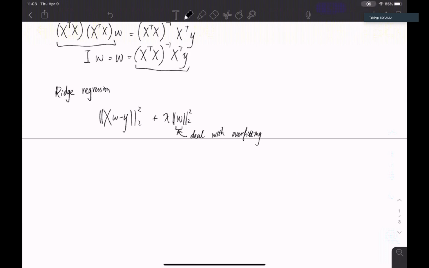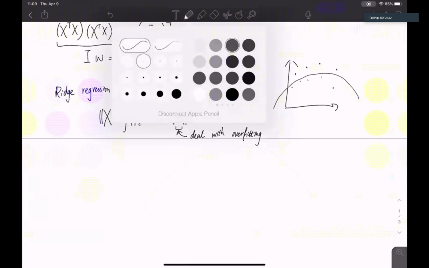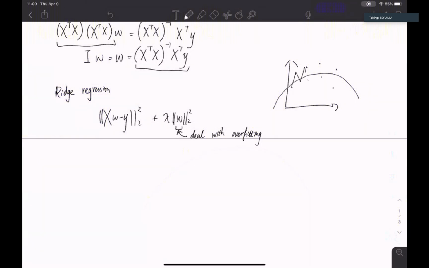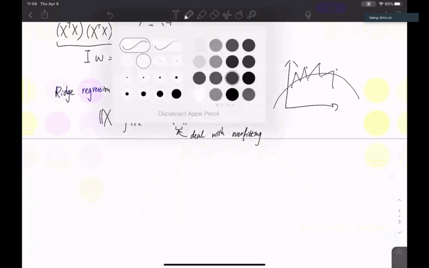I'll remember from the lecture, there's an example with these points. You can either have this to fit those data points. You can also have a zigzag line or polynomial to fit those data points.